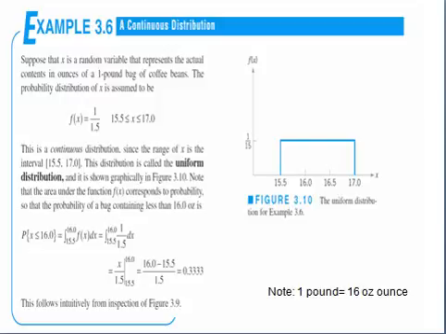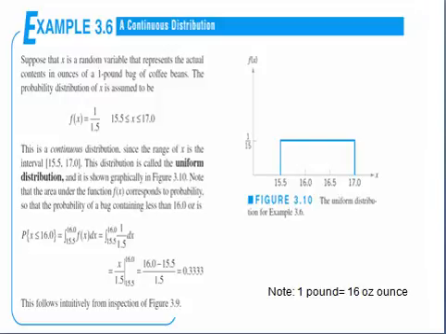Okay, so it's a continuous distribution example, and we are using a uniform distribution. Suppose that x is a random variable that represents the actual contents in ounces of a 1 pound bag of coffee beans. You need to know that 1 pound is equal to 16 ounces. The probability distribution function of x is given here, and the lower limit is 15.5 and the upper limit is 17.